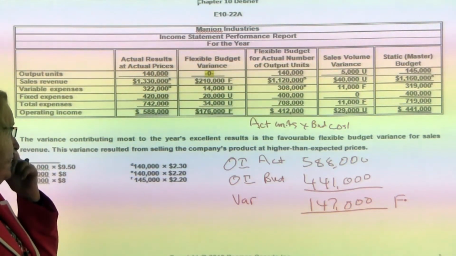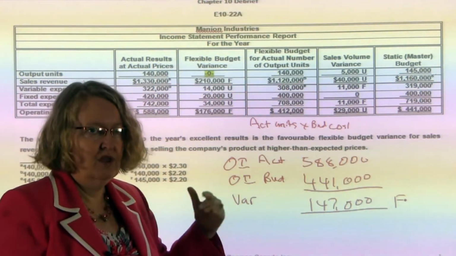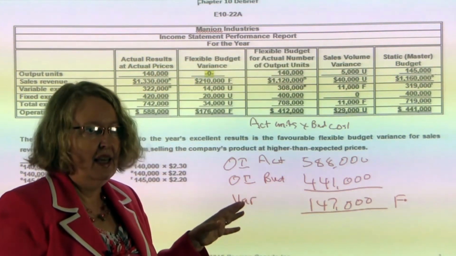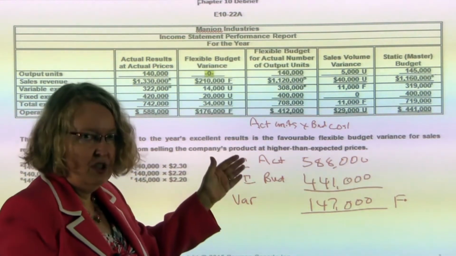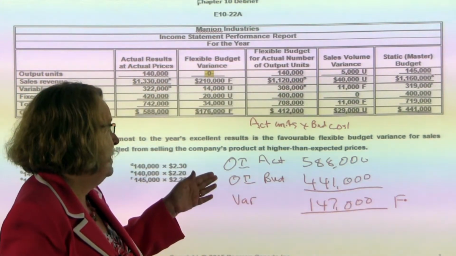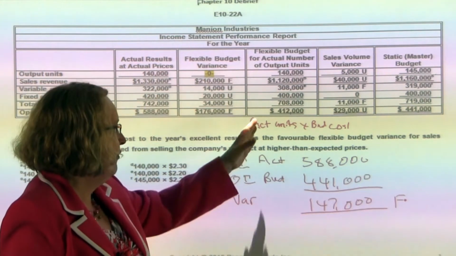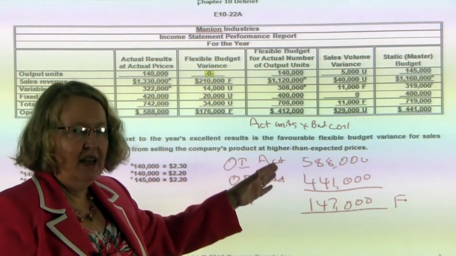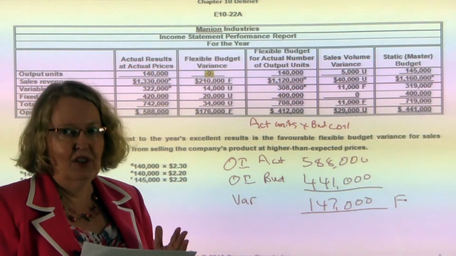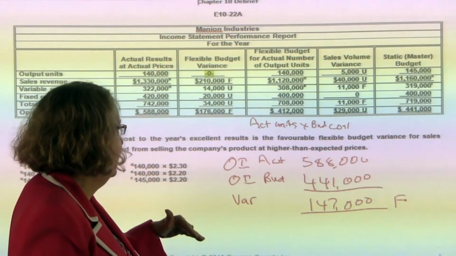So the next thing we want to do is establish, now that you know you've sold a lower number of units, what the cost should have been for selling 140,000 units instead of 145,000. Obviously your revenue is going to be impacted, and so will your expenses. For the flexible budget, we're trying to identify what the cost should have been based on the budgeted selling price and the budgeted cost if we'd only sold 140,000 units.